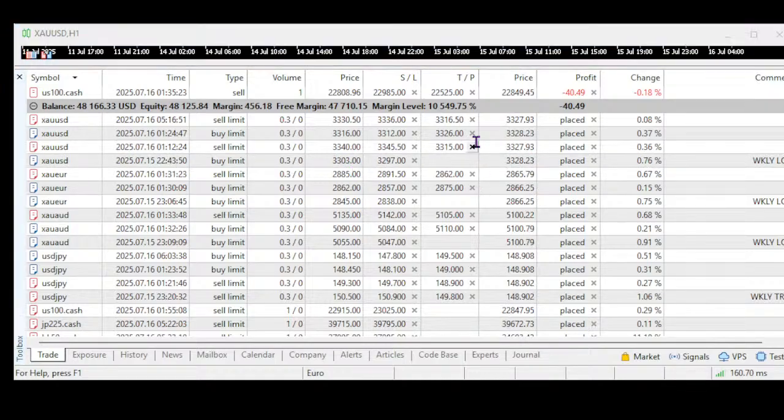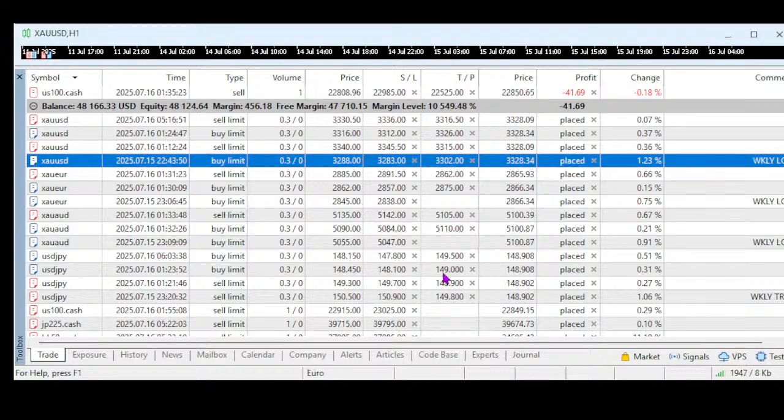We need to revise this to 32.88, 32.83, and we will put it as 32 or 33.02. Okay, so this is your weekly low we are expecting.